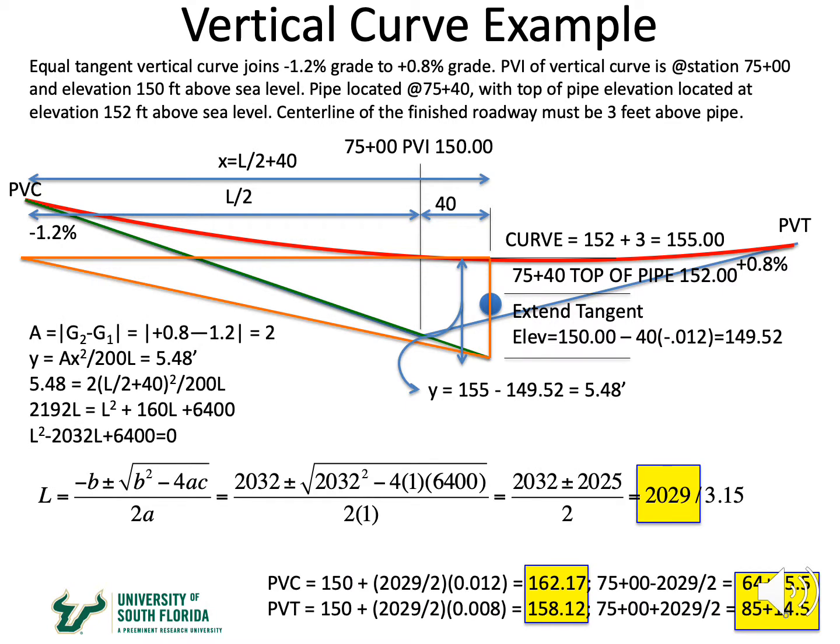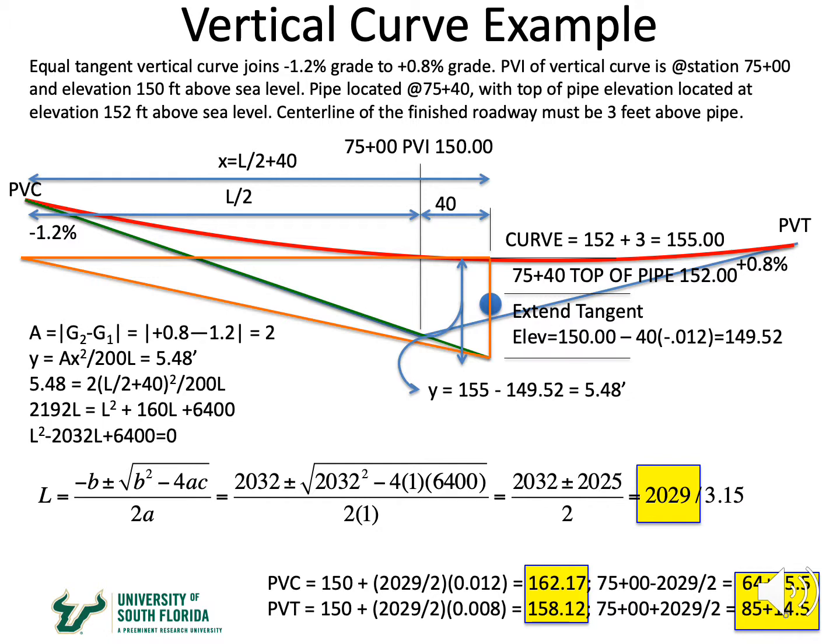And to complete the problem, all we need to do is find the station and elevations of the PVC now that we have L. So we simply take the elevation of the PVI and we just go up and to the left and up and to the right, a distance of L over 2 at the appropriate slope. So we find that the PVC elevation is 162.17, PVT elevation is 158.12.